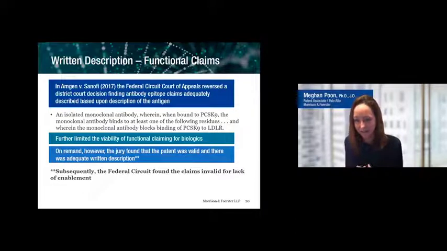The jury found that the patent was valid and there was adequate written description, but then back up on appeal, the Federal Circuit has found the claims invalid for lack of enablement. And this altogether basically shows that there's a heightened standard both for written description and enablement of functional claims, in particular in the biologics space.